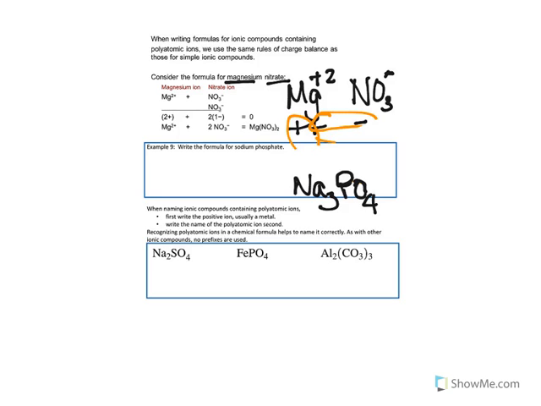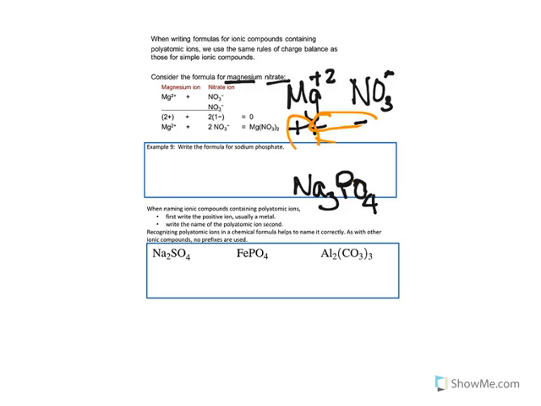Recognizing a polyatomic ion in a chemical formula will help you to name it correctly. As with other ionic compounds, we do not need any prefixes. The easy way to recognize that you have a polyatomic is to separate out your metal from everything else. If you notice that everything coming after the metal has more than one element, in this case, and this case, we then know that we have a polyatomic ion to deal with. So let's name these compounds.